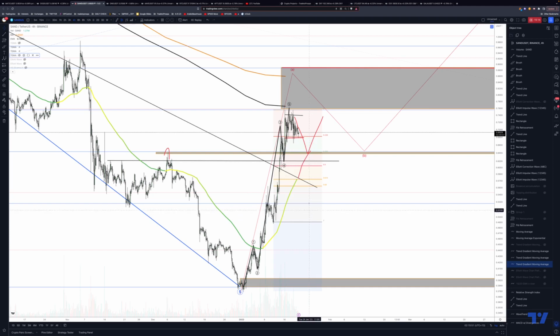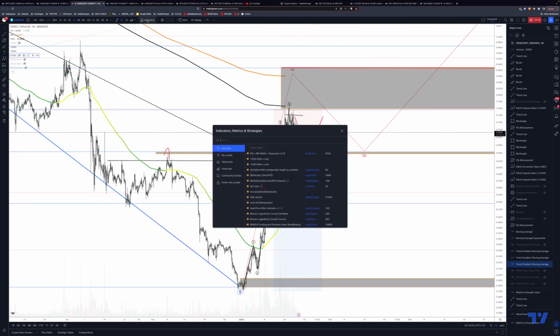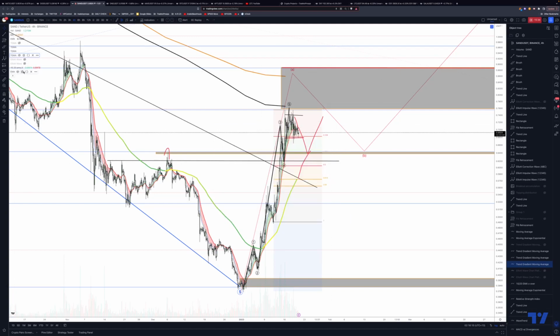21 daily moving average. I like that, and probably that is a 10. So actually, let's chuck the moving average on the daily. I want to make this 10.